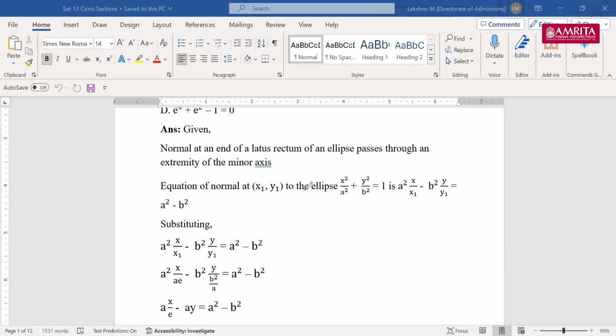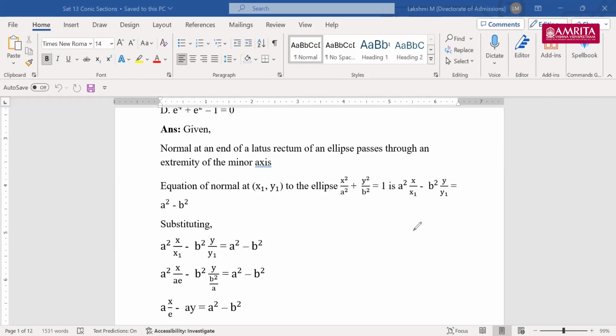So the equation of the normal at (x1, y1) to the ellipse, which is of the general form x square by a square plus y square by b square, you could rewrite as a square x by x1 minus b square y by y1 is equal to a square minus b square. So you can just go for the substitution. Here x1 we know is ae and y1 is b square by a.